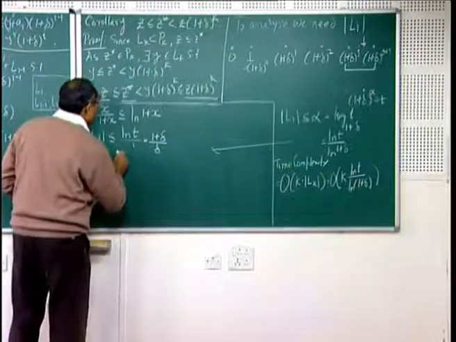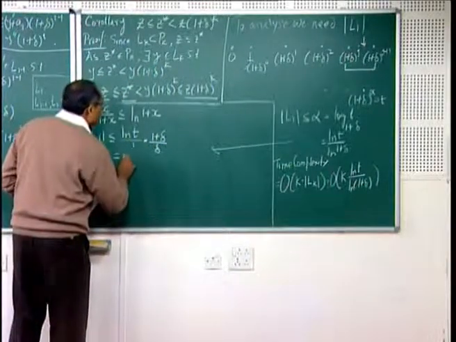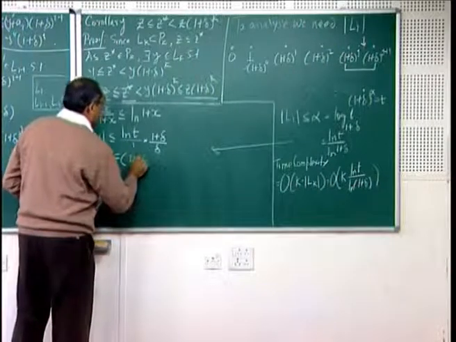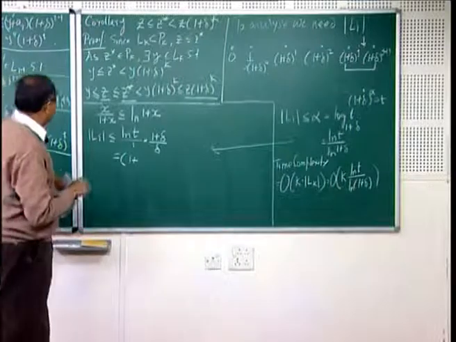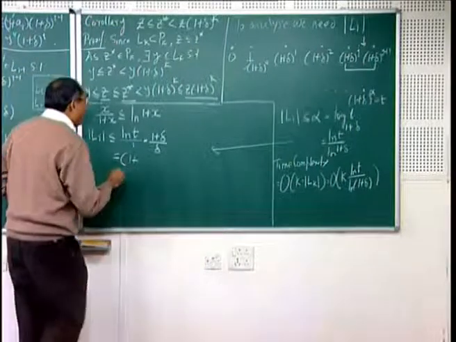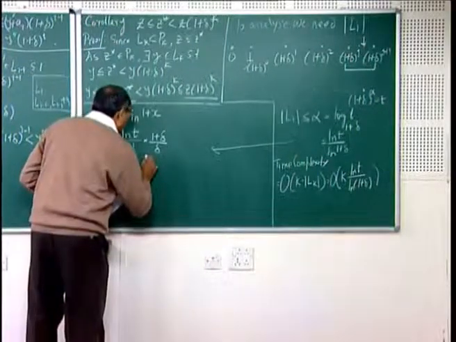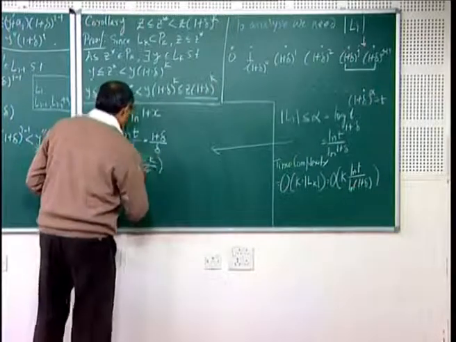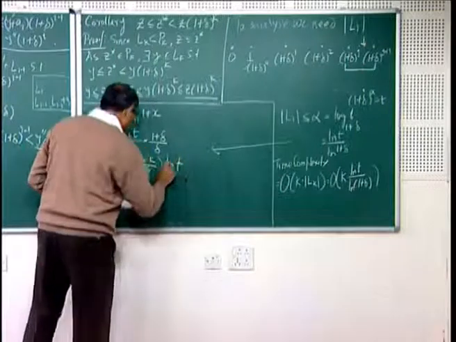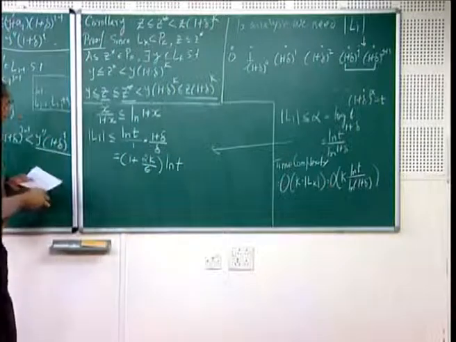Okay. That is equal to 1 plus 1 over delta. Delta was epsilon by 2k, so we get 1 plus 2k by epsilon times natural log t.